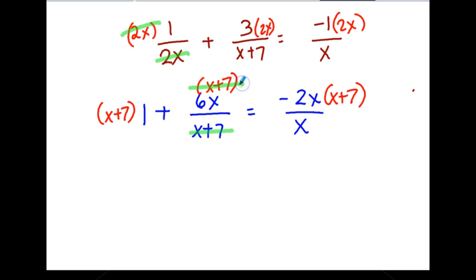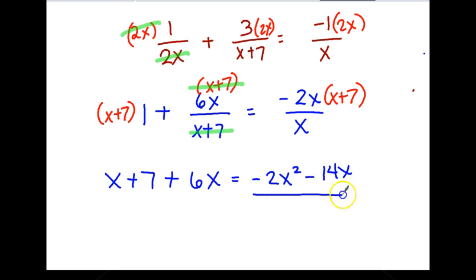Cancel, cancel. So this is going to be x plus 7 plus 6x equals what? Negative 2x squared minus 14x over x. No.